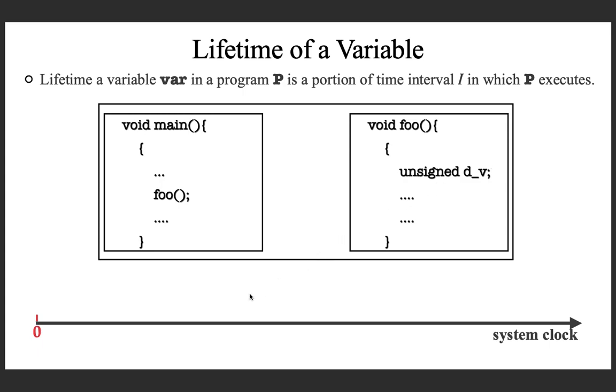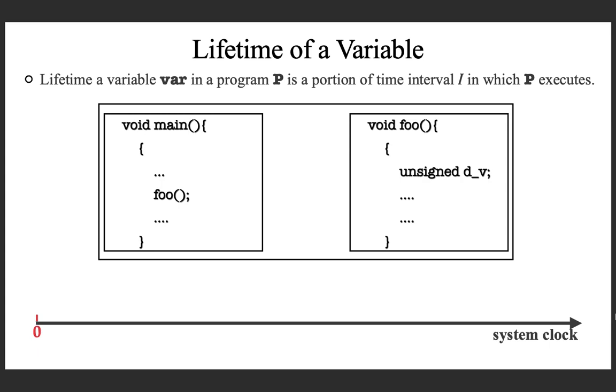Assume that it starts at this time instant 0 and it goes forever. So we are assuming that the computer is never going to be switched off or shut down. So the operating system started running here and it goes forever.